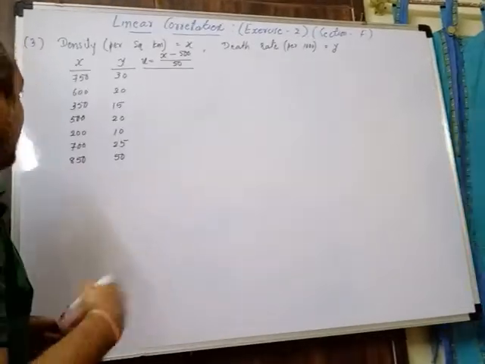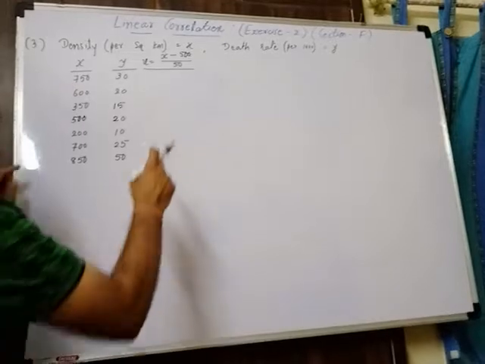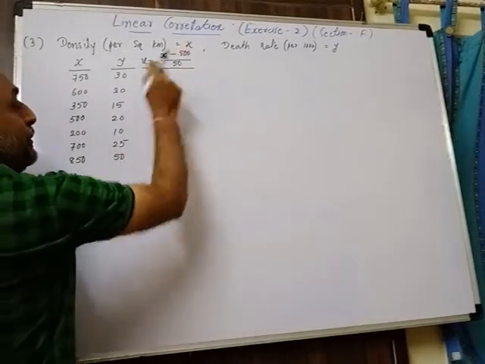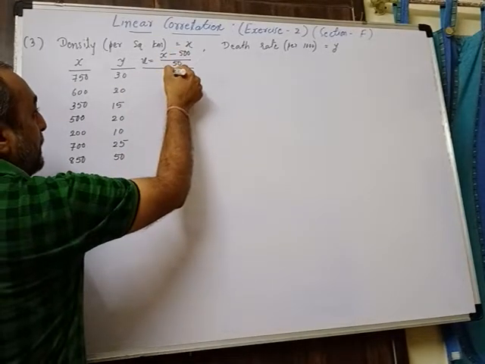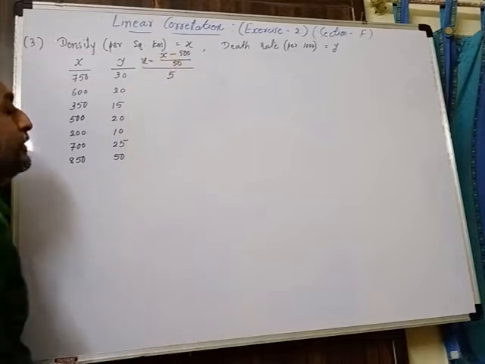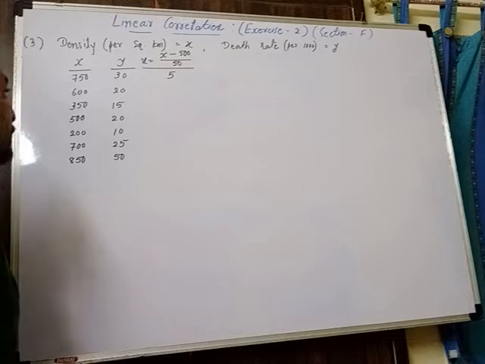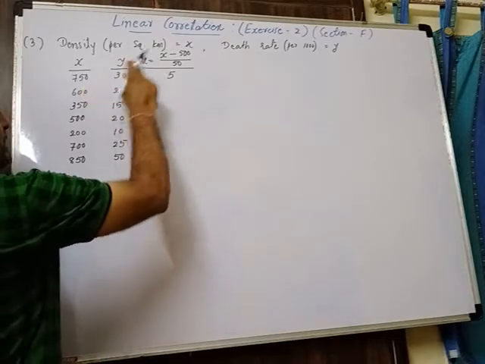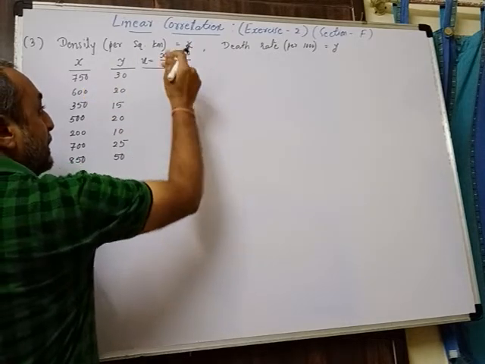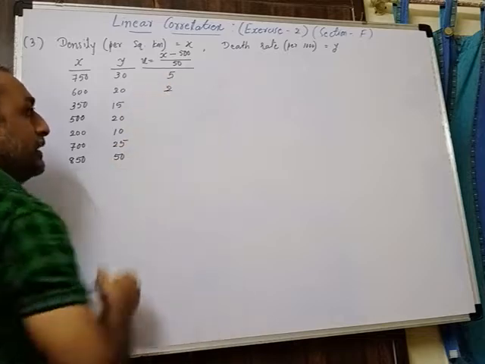Okay, accordingly, 750 minus 500 is 250. 250 upon 50: 5 fives are 25, so it is 5. Similarly, 600 minus 500 is 100, and 100 upon 50 is 2.